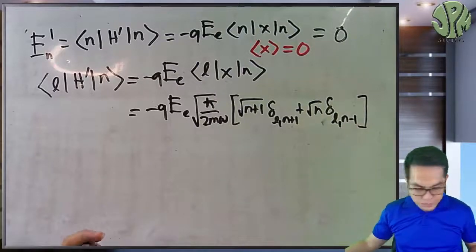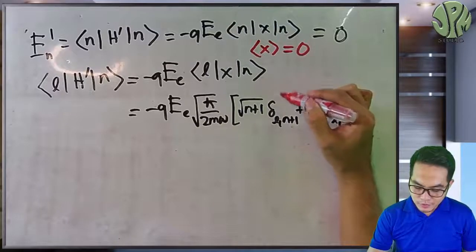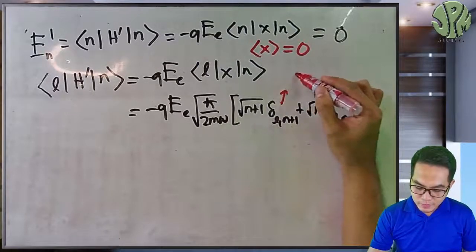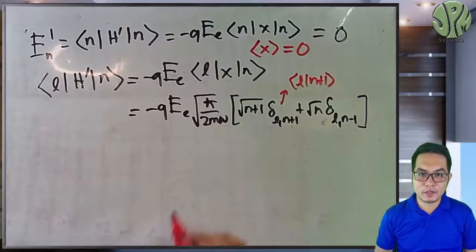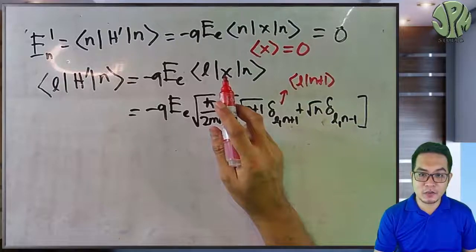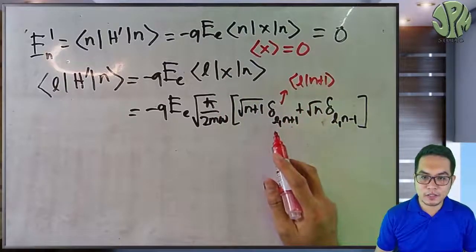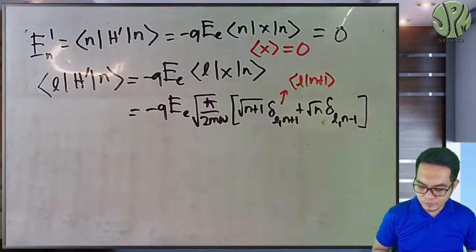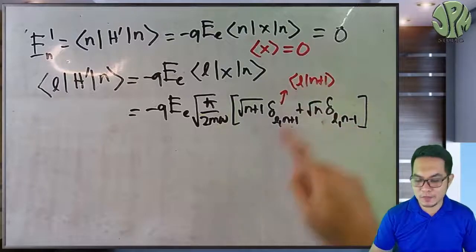Again, this Kronecker delta comes from the orthonormality condition. This delta comes from L and n plus 1, because the first term here is the raising operator a plus, so you have n plus 1, so you have the inner product of L and n plus 1. Similarly here, this is the inner product of L and n minus 1.